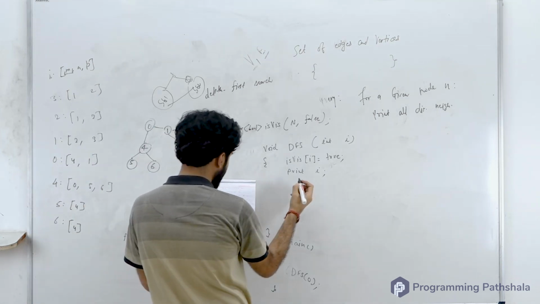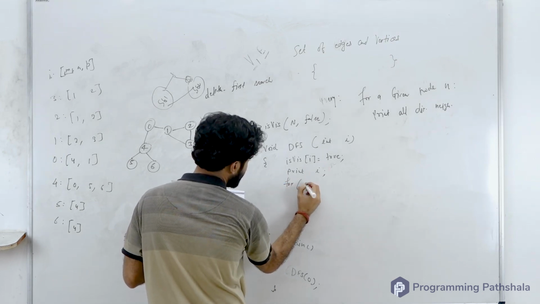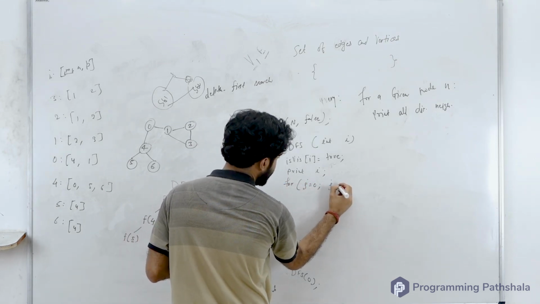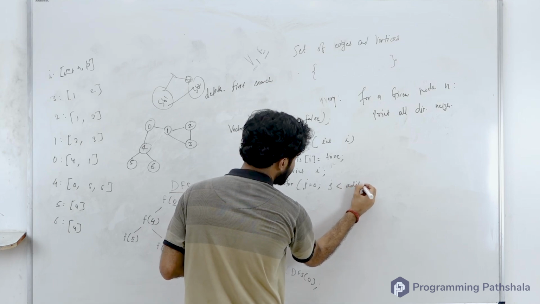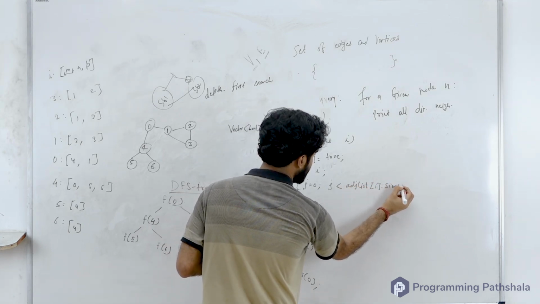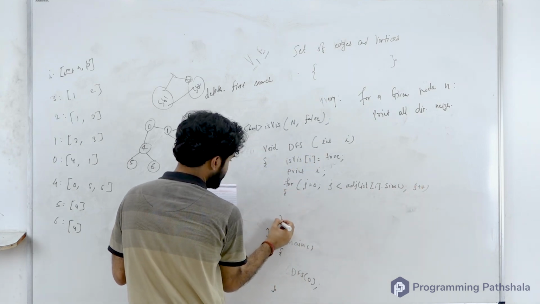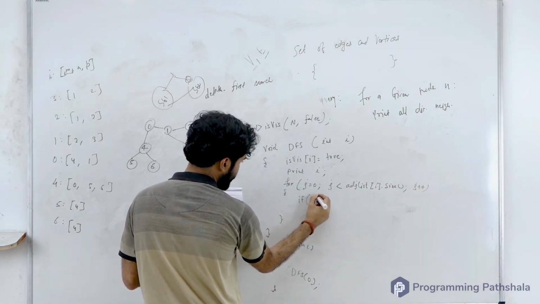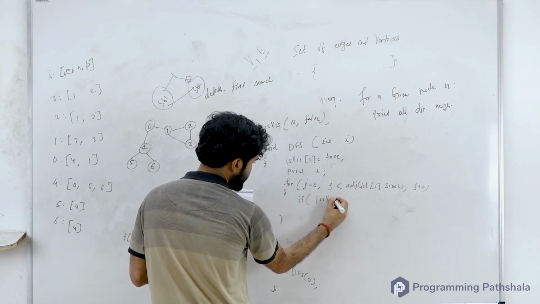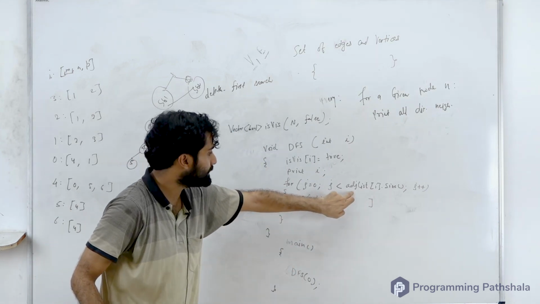So how is that logic going to look like? Let us iterate on its adjacency list. For j equals 0, j smaller than adjacency list of I dot size, and j plus plus. And then first you would check if not of is visited what? What will be the jth element in this vector?